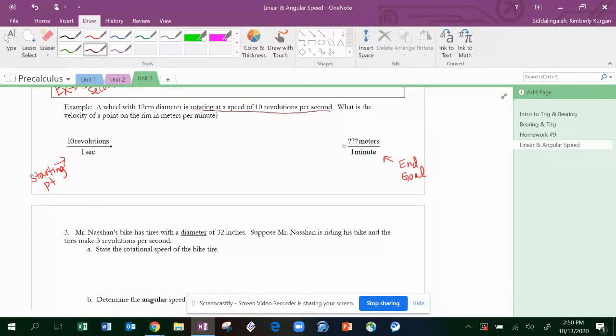Let's see what other information we're given. The only other thing I see is a 12 centimeter diameter, which doesn't feel very helpful, and it isn't helpful that it's a diameter.